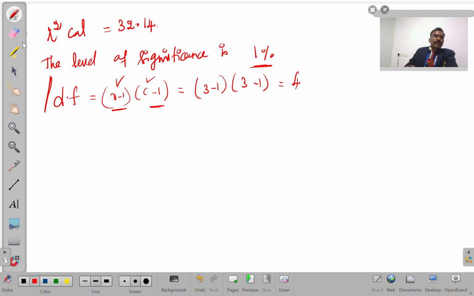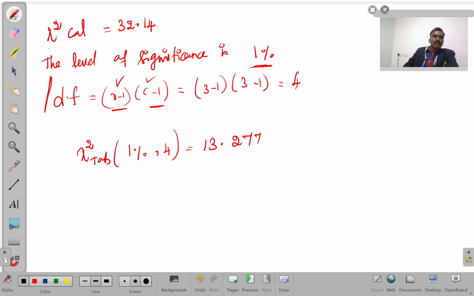So here we need to find the chi-square table value for 1% and degrees of freedom 4. Using the chi-square table, we get 13.277. Once you find the table value, then go for the comparative study.